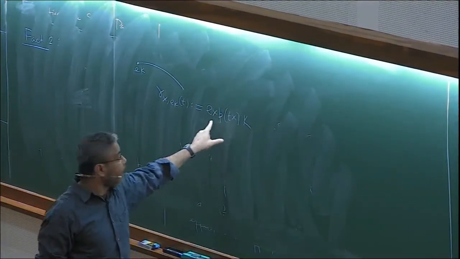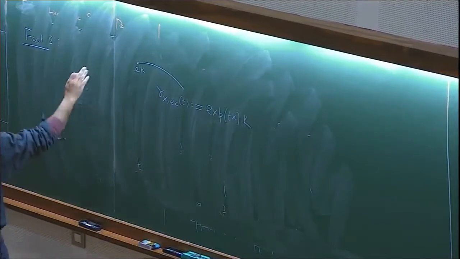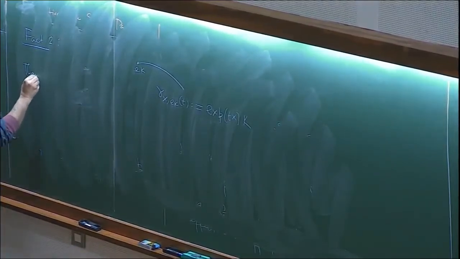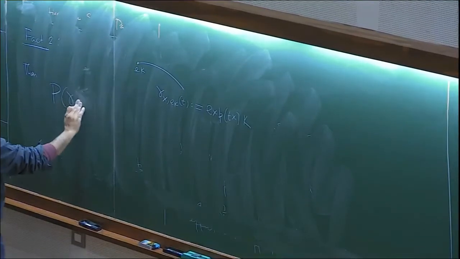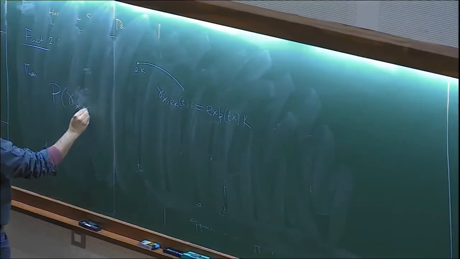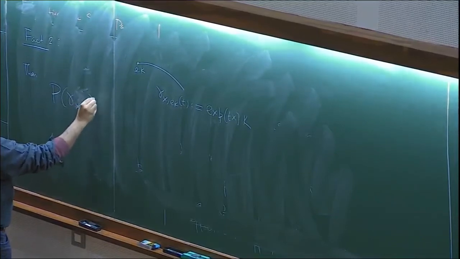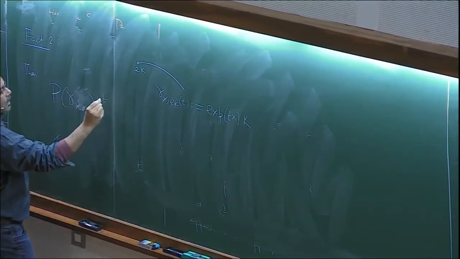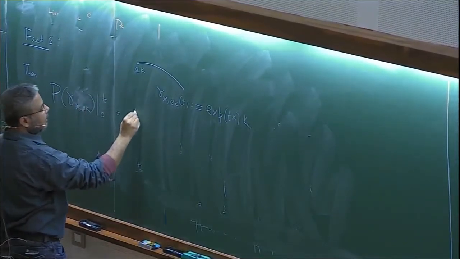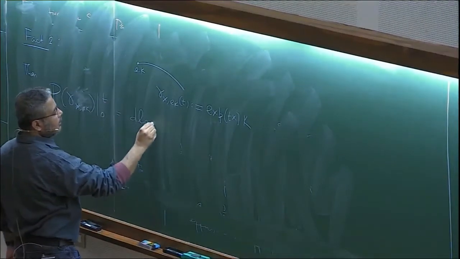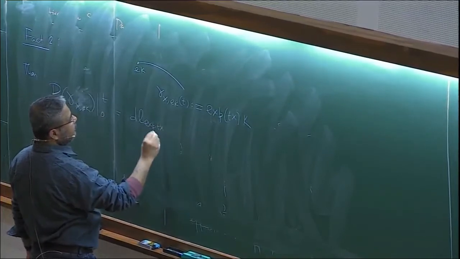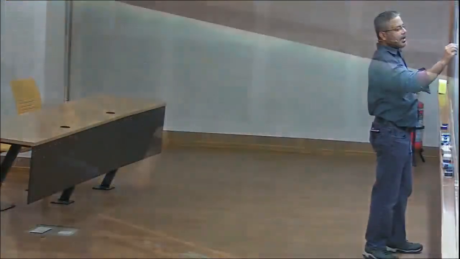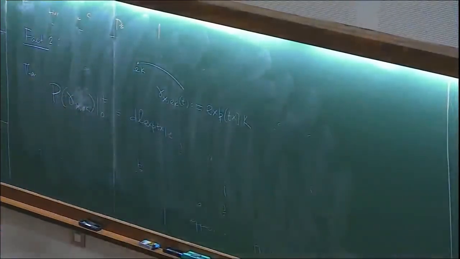I have this curve, and then I have the parallel transport on this curve from 0 to t, which is simply just multiplying by this. So this is fact number 2.